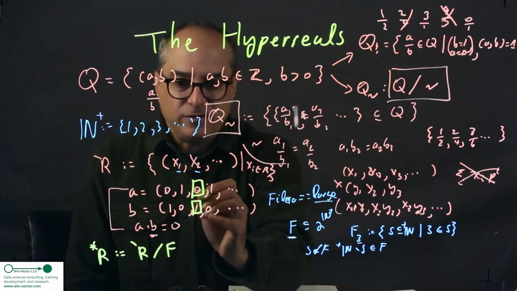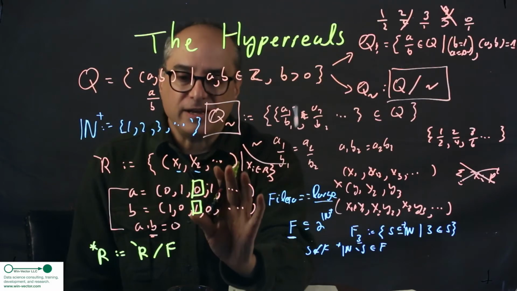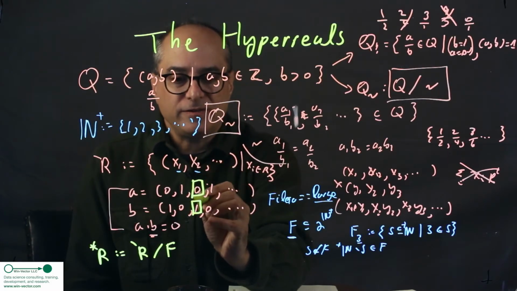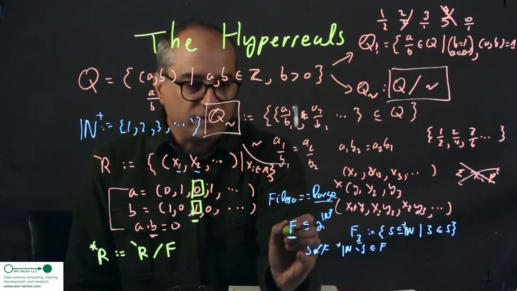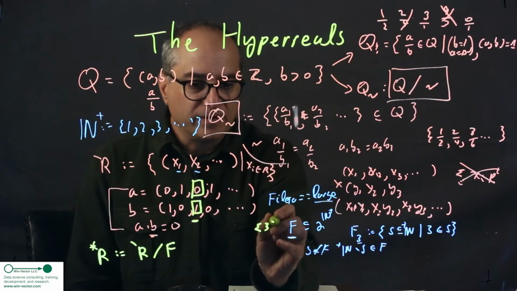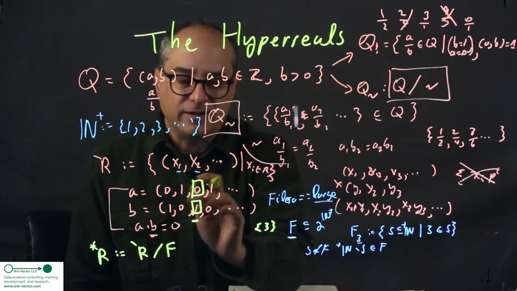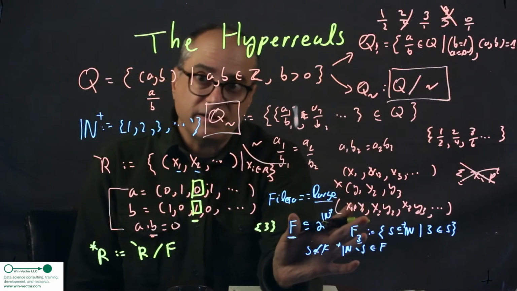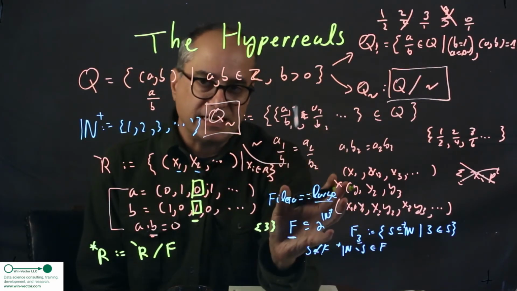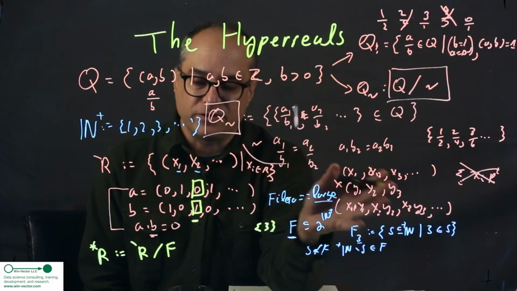So these two numbers are not equal because they are not equal on this large set, which is the set {3}. They're also not equal on larger sets. The filters are closed under containment: anything containing a large set is also large by the filter axioms.